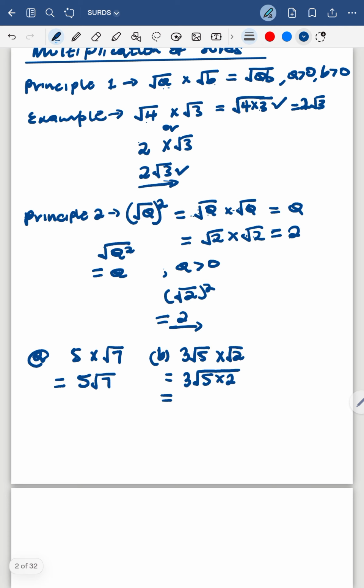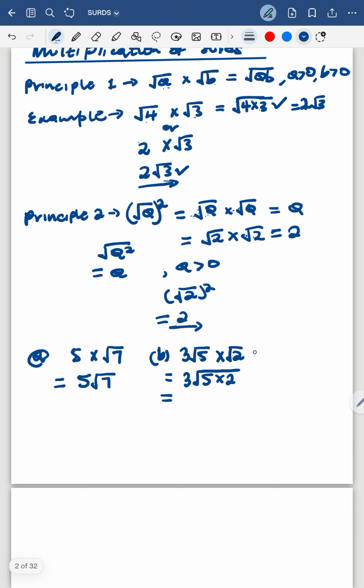But then here you have root 5 multiplied by root 2. So it can't be removed because these numbers are not like terms, they're unlike terms. So hence why here again we are combining these ones because they are unlike terms.